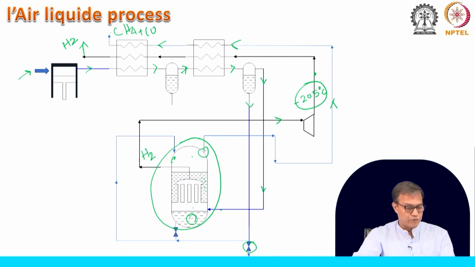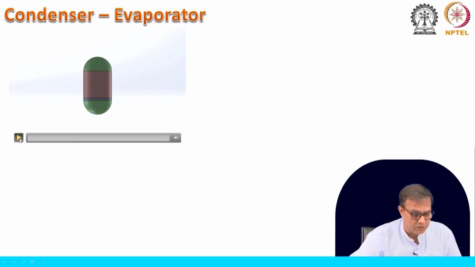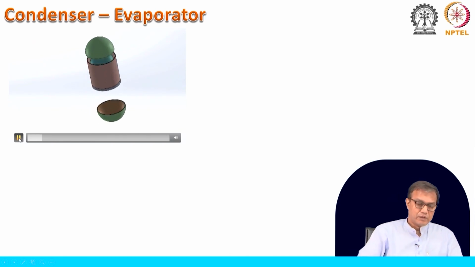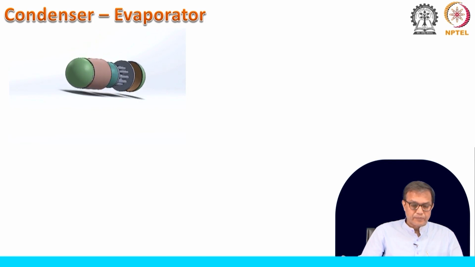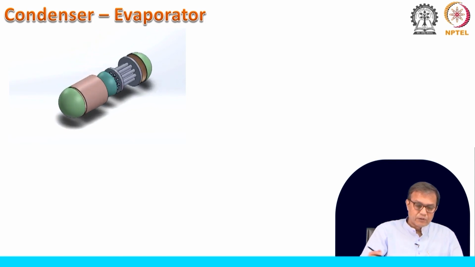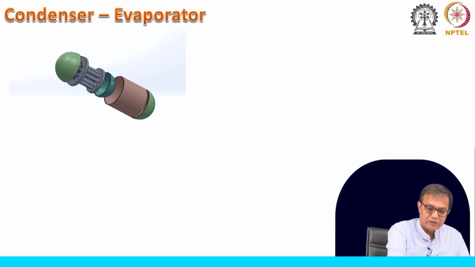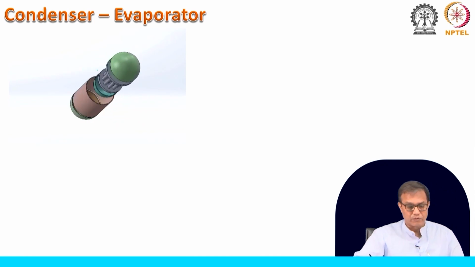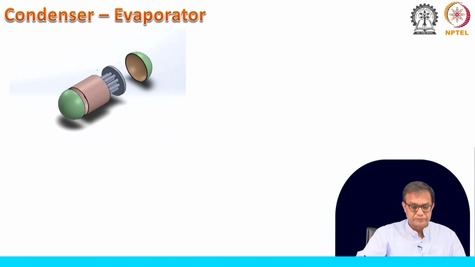I will just show you a small video here that will tell you how it looks like. Of course, the piping etc. is not shown here, just the structure is given here. So, this is the tube bundle you can see, and these are the two vapor domes.